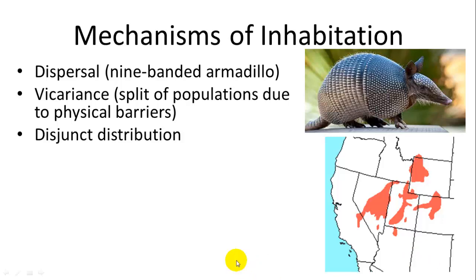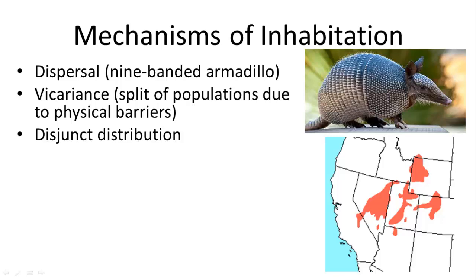In this chipmunk range map, because of the mountains within the Rockies, the range is split into different populations, which gives it a disjunct distribution. It's not found uniformly throughout that area.